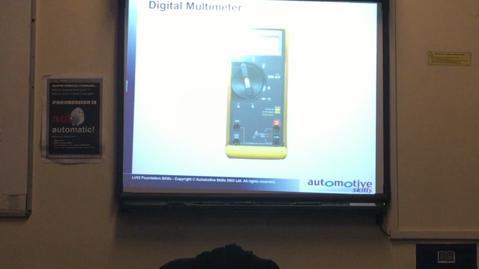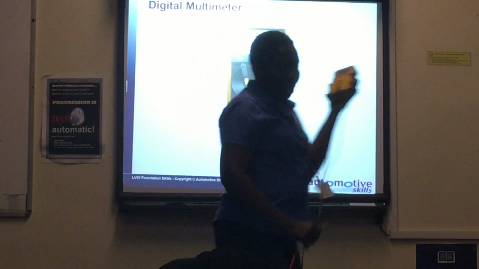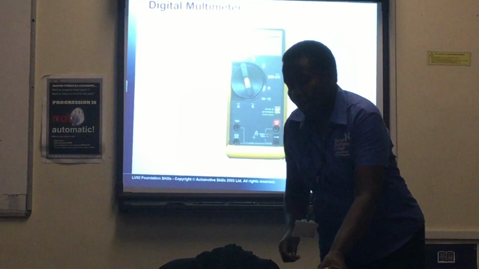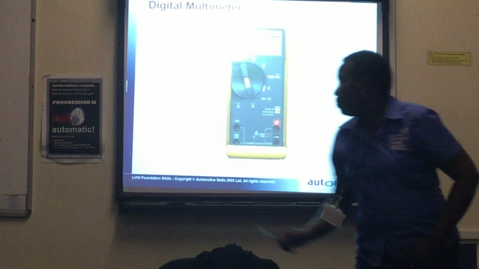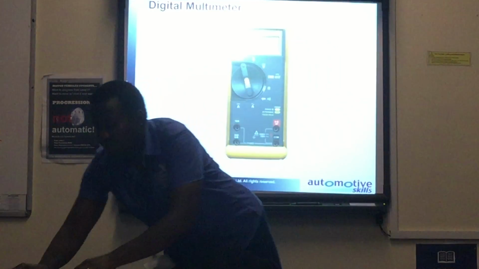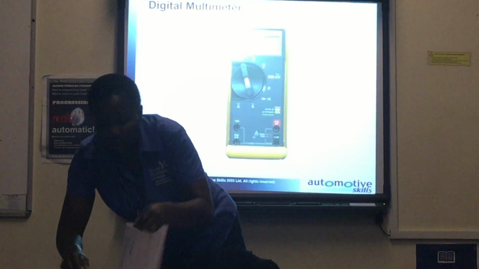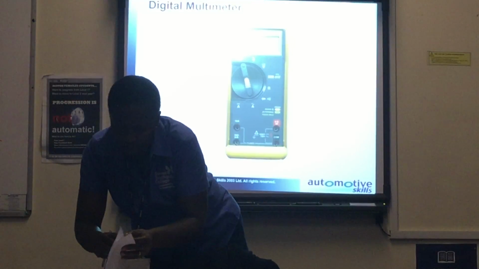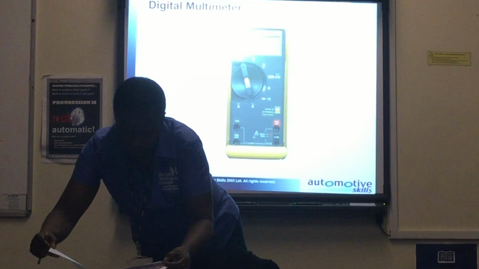Right. Then on the multimeter, is this clear enough? We have this dial here. With the dial, I think this will be in your handout. Let me just check if it is there so that you don't need to write anything down.